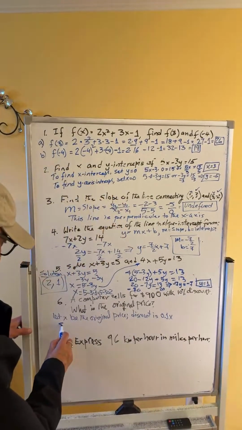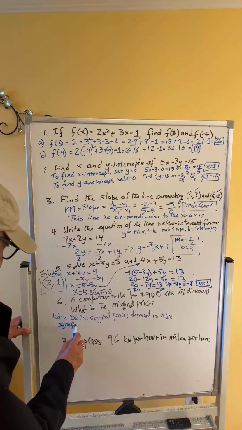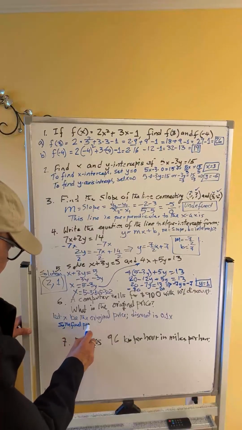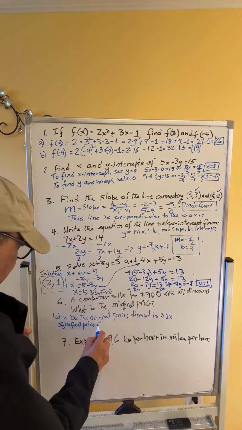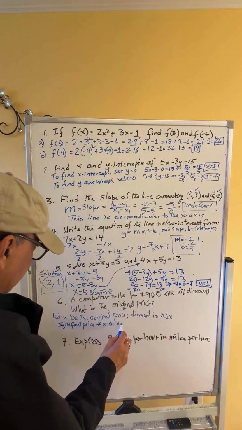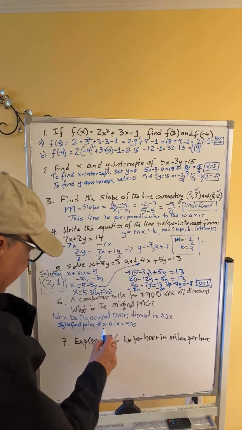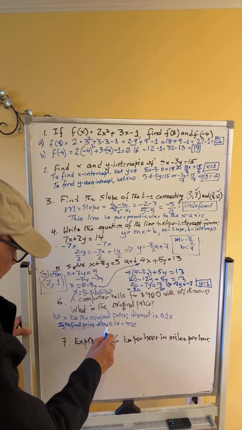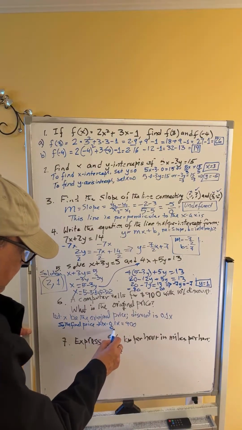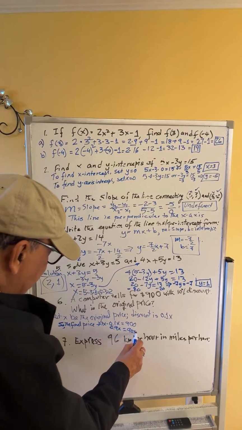So the final price is x minus 0.1x, which is equal to 900. So x minus 0.1x, as if 1 minus 0.1, is 0.9x equal to 900.